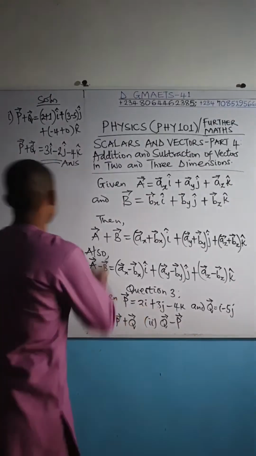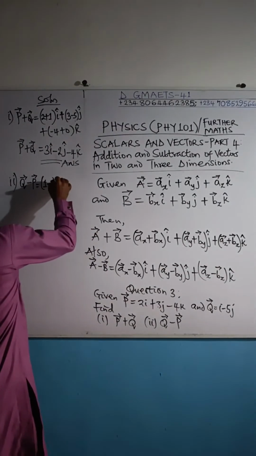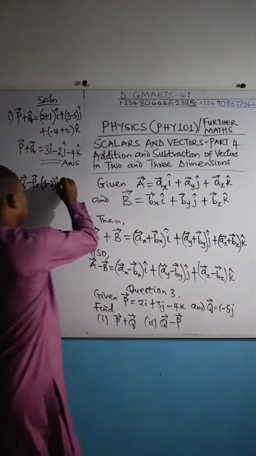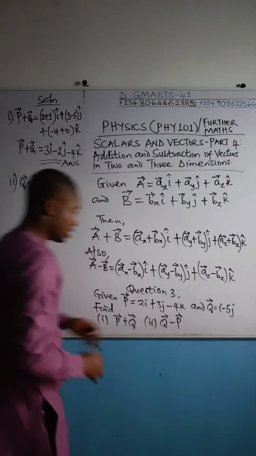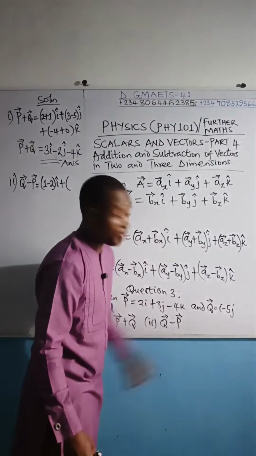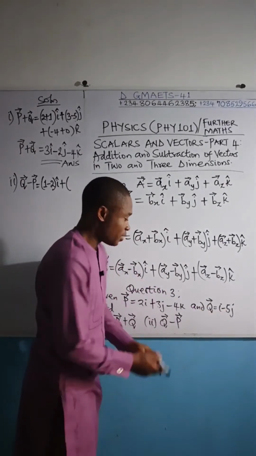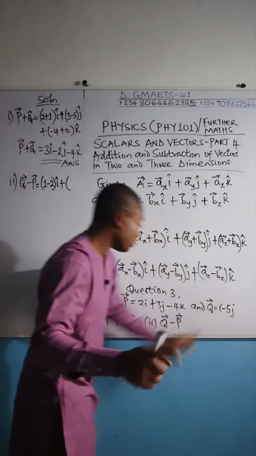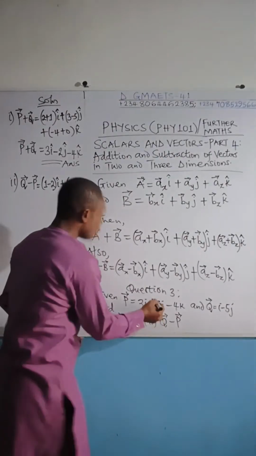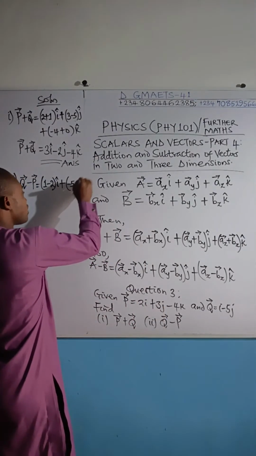So we have 1 minus 2, and of course the unit direction I attached to it, plus the next term in the unit vector direction J, which is the Y value: minus 5 minus 3.